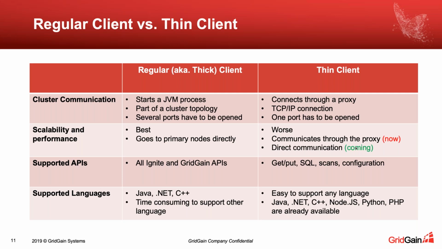But if we talk about the supported APIs, regular clients, which are available for Java, .NET, and C++, support all of the Ignite and GridGain APIs available, including compute grid, machine learning, continuous queries, etc. Thin clients presently support a limited set of APIs like key-value get and put calls, SQL, scans, and the ability to configure your cluster. We'll see how to evolve those clients, but presently that's the major difference.